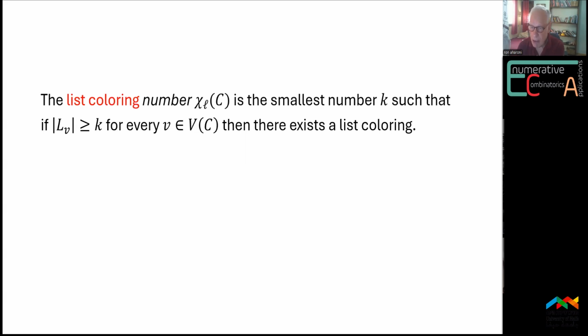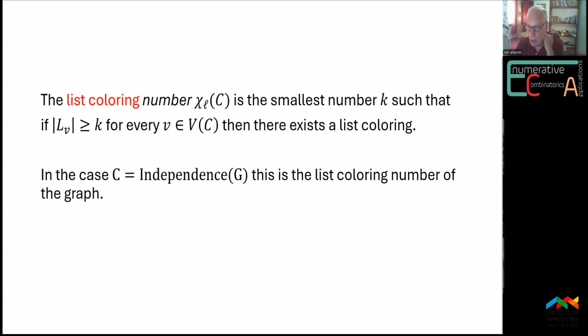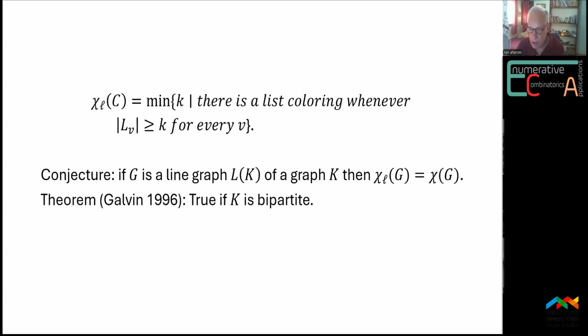Okay, so this talk is really about the relation between chi of L and chi. The list coloring number is obviously larger, since you restrict yourself. So chi of L is at least chi, and the question is how large. Here are conjectures.